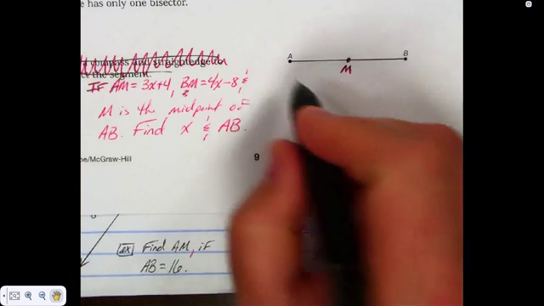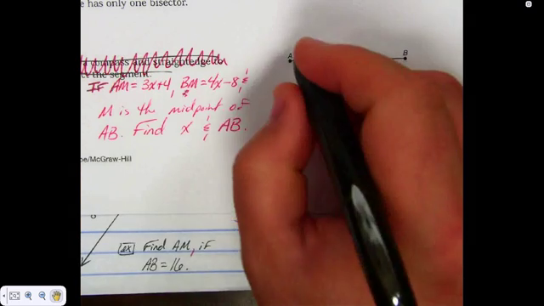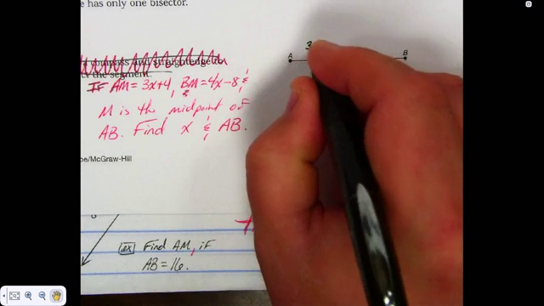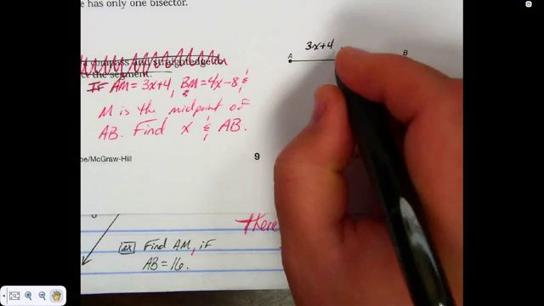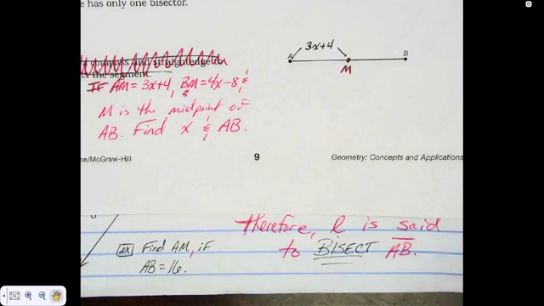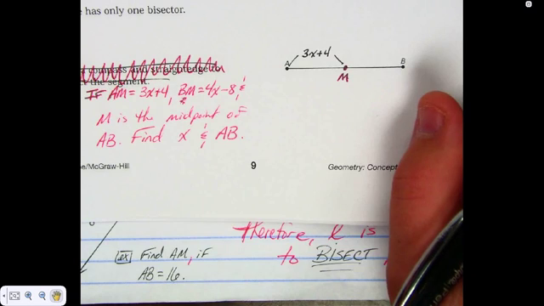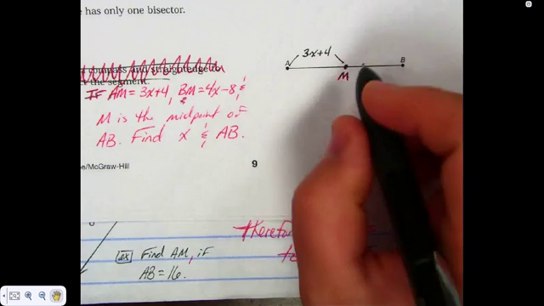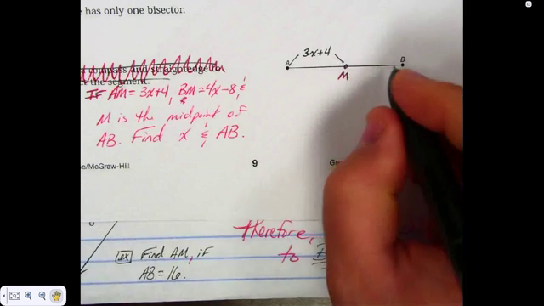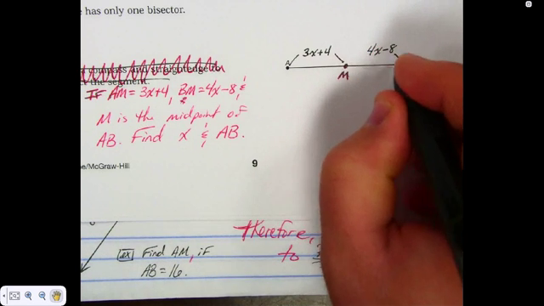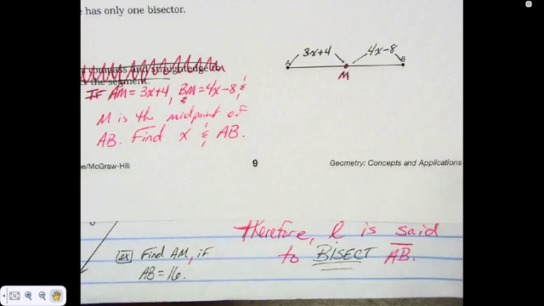Well, the first thing the problem says is that AM is 3x plus 4. It will help you to write 3x plus 4 right here. If it helps you to point out that it's from there to there, that's fine. Whatever helps you. What about BM? 4x minus 8. That's the distance from here to here, correct? Everybody okay with that? Yes.